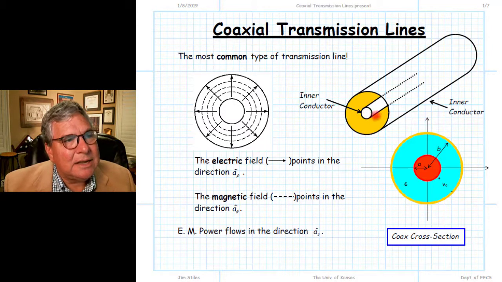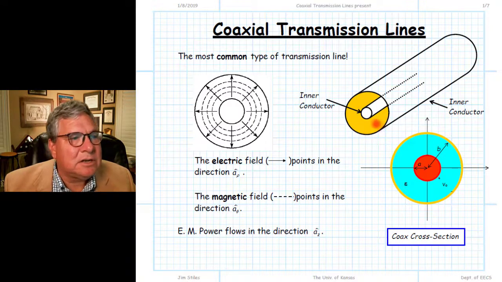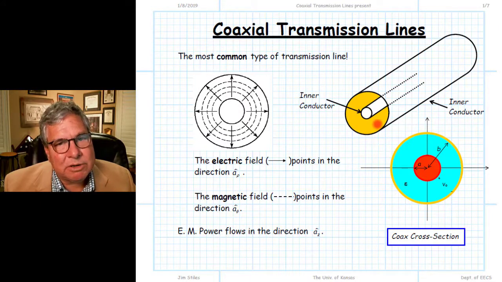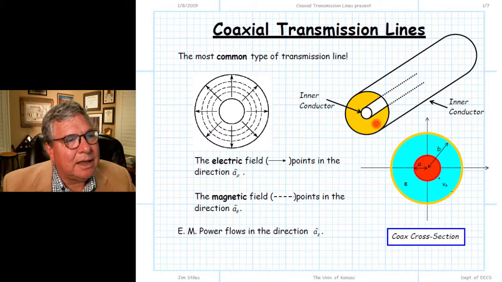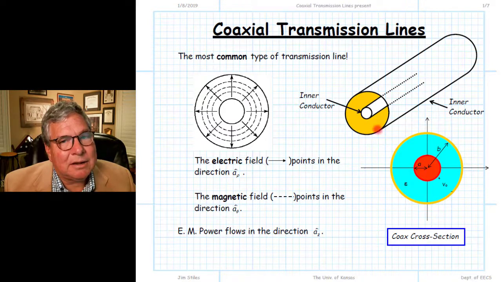And then it is inside a second conducting cylinder, which we call the outer conductor. That should actually say outer conductor, not inner conductor there. Separating these two conducting cylinders is, generally speaking, some sort of material that is non-conducting, that is an insulator, that is a dielectric. And that is the simple structure, then, of a coaxial transmission line.